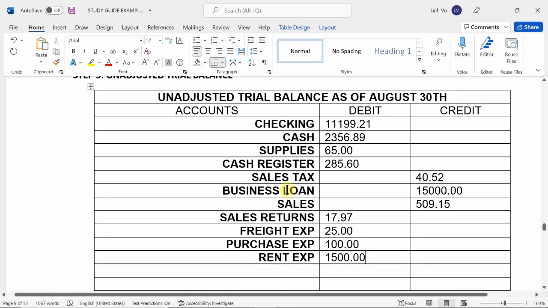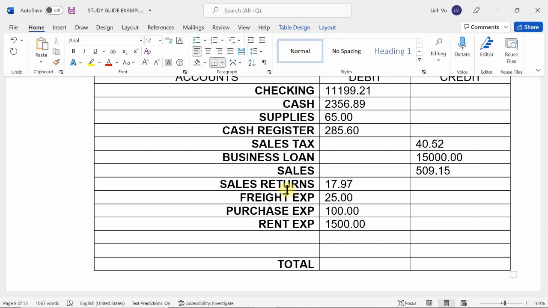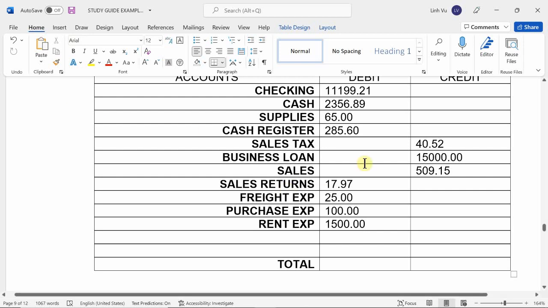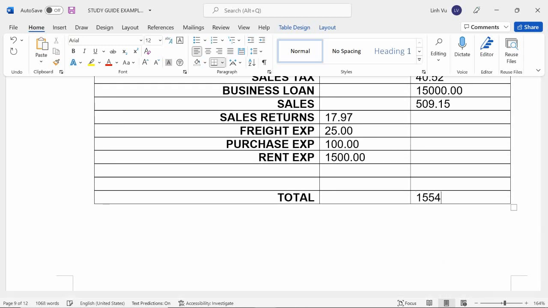However you want to tally up your totals, I got a grand total on my credit side of 15,549.67.